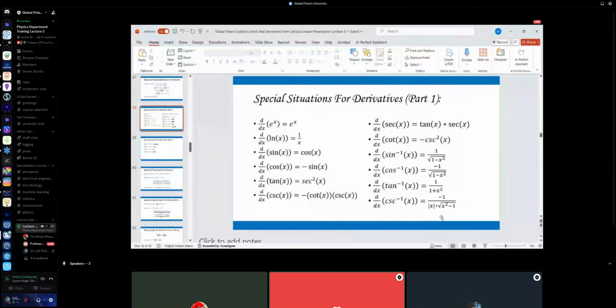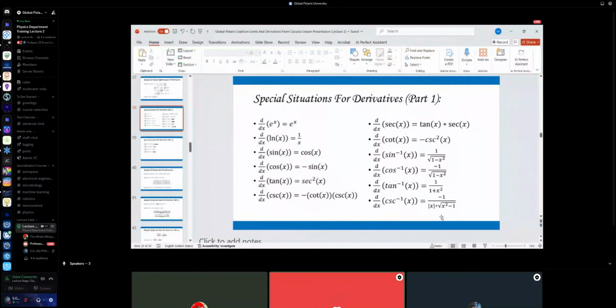Sorry if this is a little bit complicated with so much to memorize, but you need to adapt to it. Especially for tangent, secant, cosecant and cotangent, you can justify why using mainly the quotient rule. But of course you need to understand the special situations and keep in mind, memorize the quotient rule.